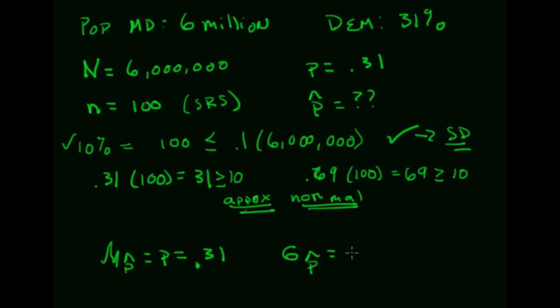And because I met the 10% condition, I'm going to have a standard deviation equal to the square root of 0.31 times 0.69, which is p times 1 minus p, over the sample size, which is 100. So I'm going to pause here and break out my calculator.